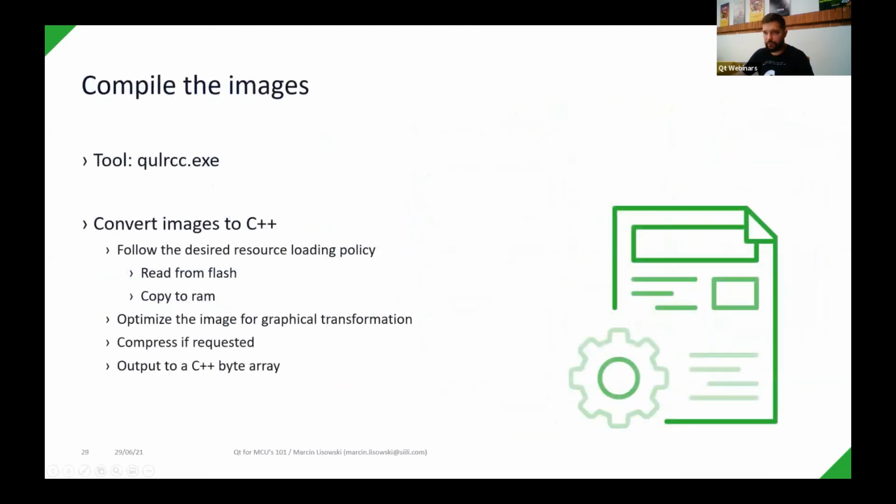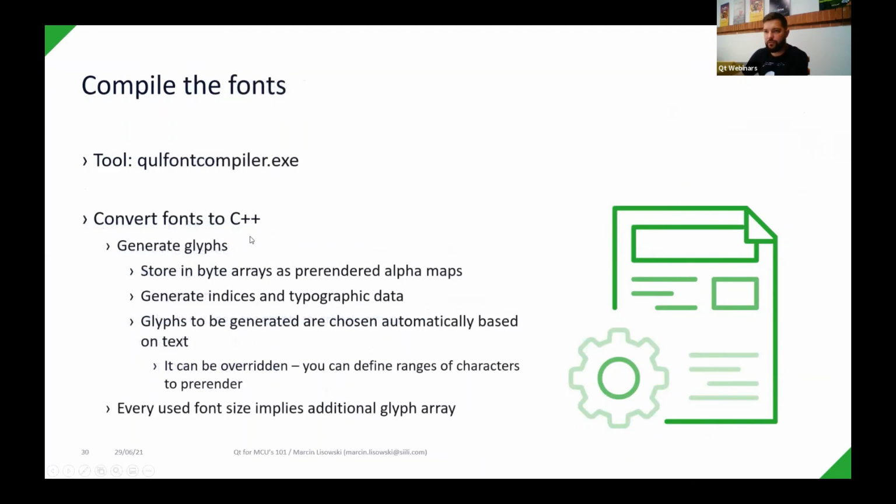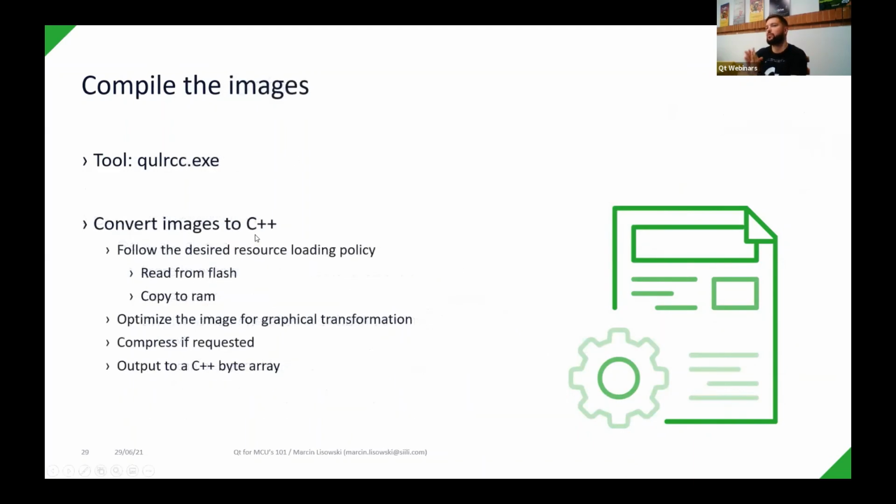All right. So this was overall how the build process looked, and right now let's focus on the tools themselves. QLRCC is a tool to convert images to C++. As I said, it follows desired policies.